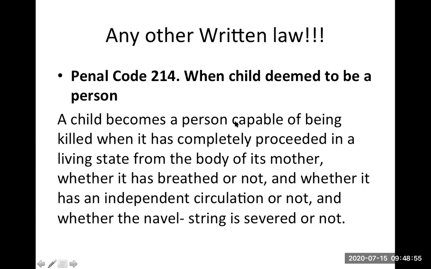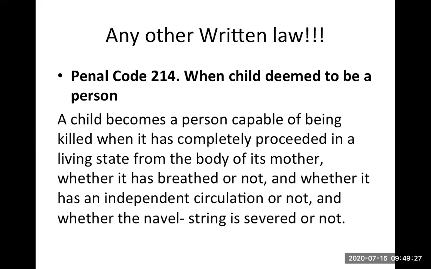On our law books up to now, Section 214 of the Penal Code determines when a child would be deemed to be a person. The Penal Code is the act of parliament that lists offenses and punishments.